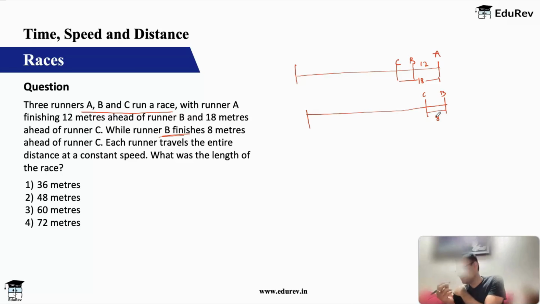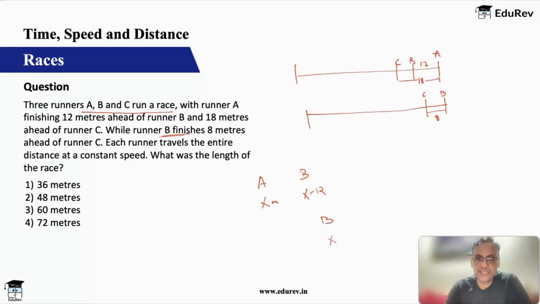So actually here, if you see, this is reverse of the first question that we solved. A covers X distance, let's say X is meters. B covers how much? X minus 12. When B covers X meters, C covers how much? X minus 8.